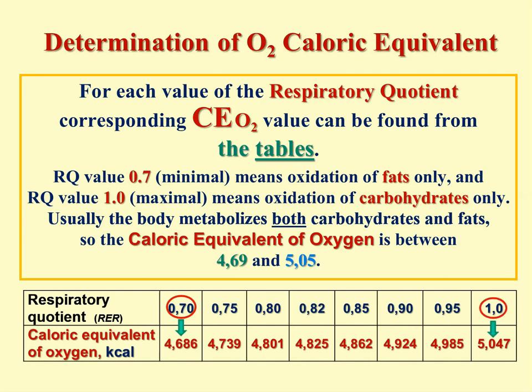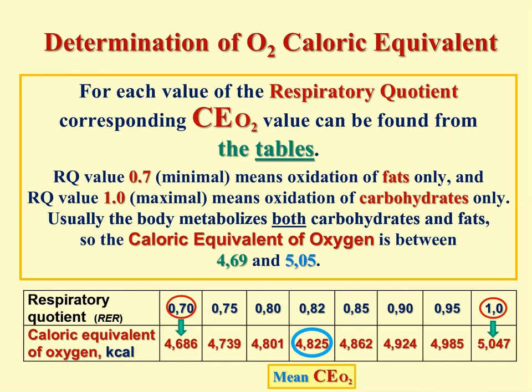At the maximal respiratory quotient of 1, the caloric equivalent is 5.05. All intermediate values are given here.